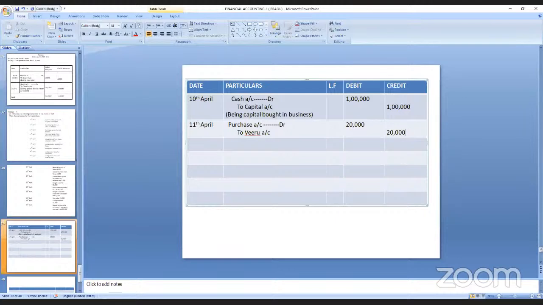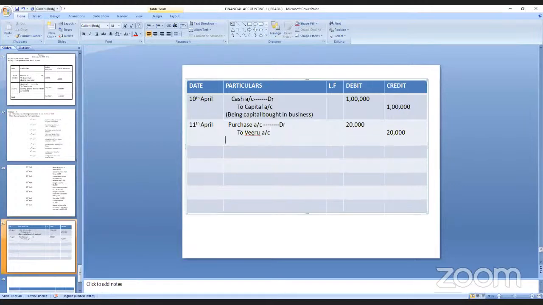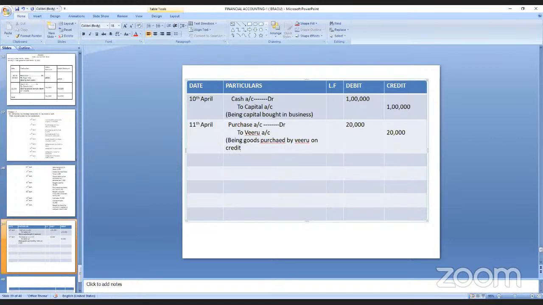What is the narration? Being goods purchased on credit from Viru.